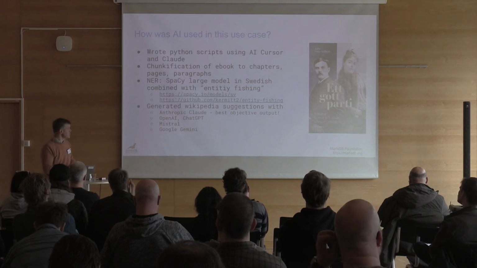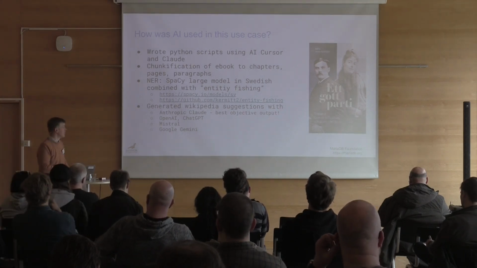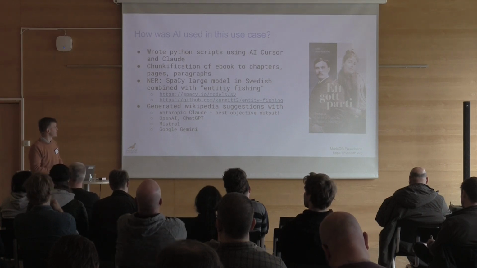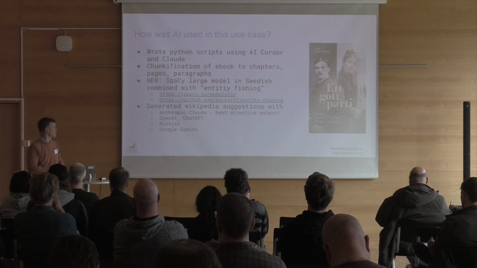And then a quick comment about the language models used. I tried them all, and this was a few months ago already, but at that point Claude was giving the nicest output to use on Wikipedia.